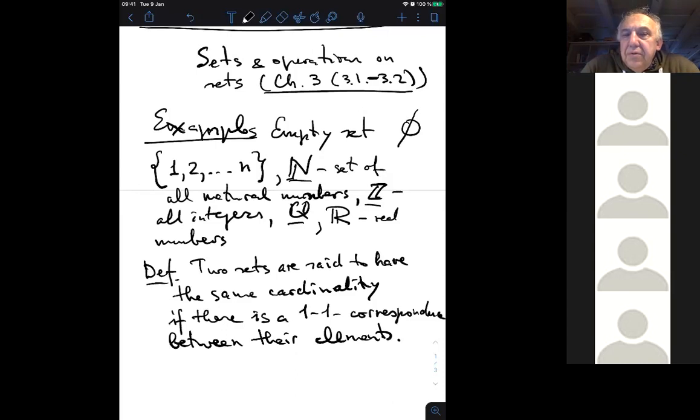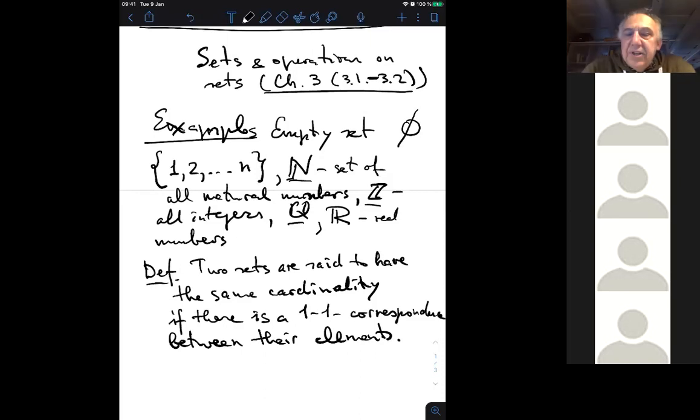Cardinality is a generalization of the notion of the number of elements. If we have two sets containing finitely many elements, then we can make a one-to-one correspondence between a set and the numbers from 1 to a certain number m, where m is the number of elements. Then two finite sets have the same cardinality, of course, if they have the same number of elements.